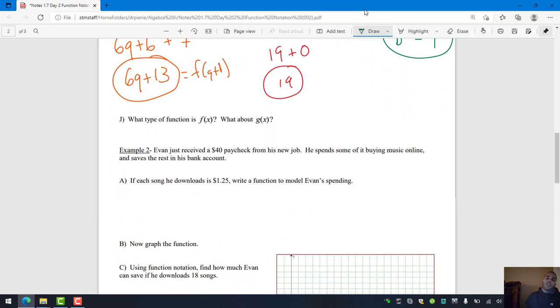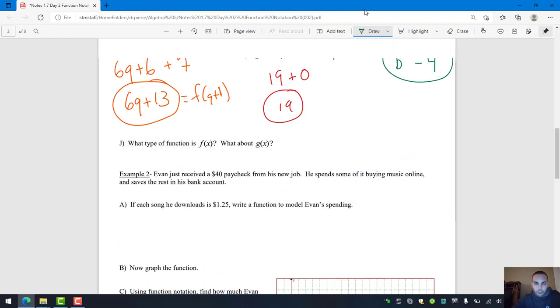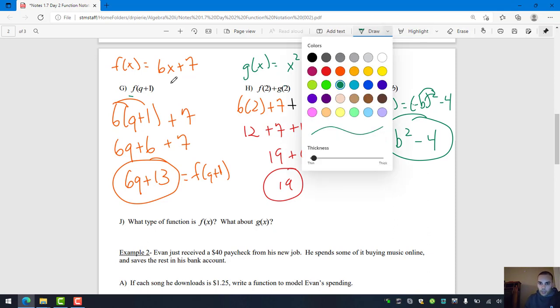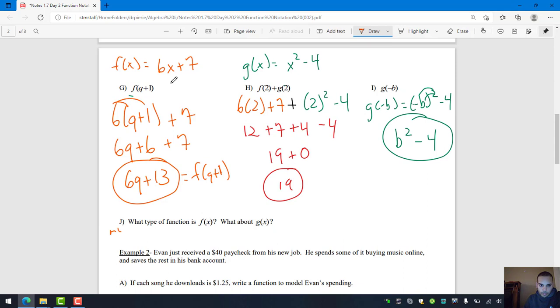And then for letter J, it asks what type of function is f of x and what about g of x? If you look at these two types of equations, we'll keep it real basic right now. F of x follows the format mx plus b. That's a number times x plus another number. Anytime you follow the format mx plus b, this is called a linear function. If you were to graph that orange function, it would come out as a straight line going up and to the right.